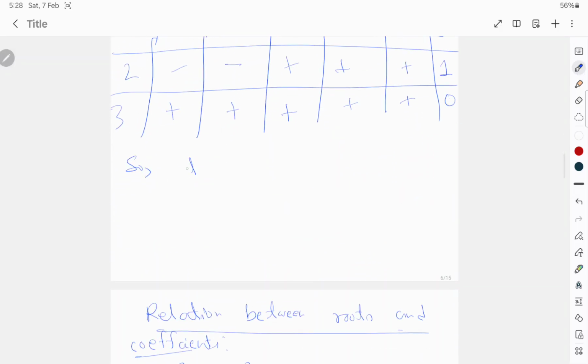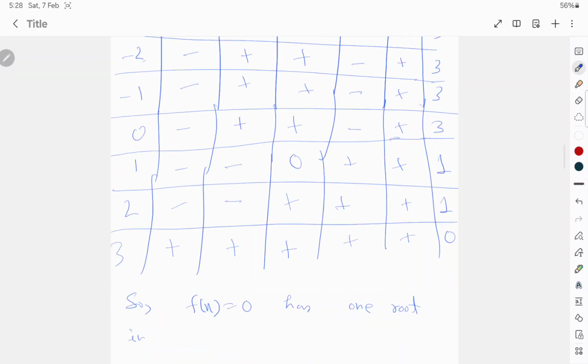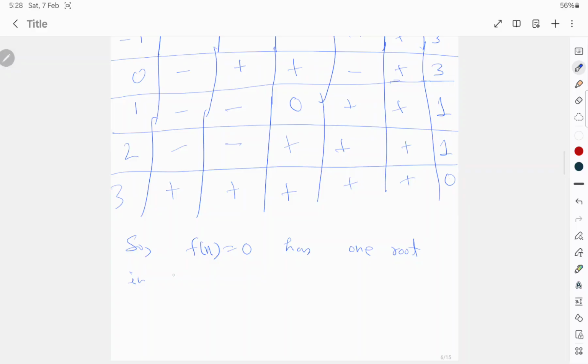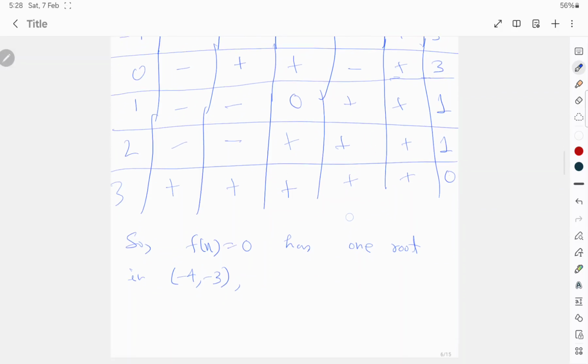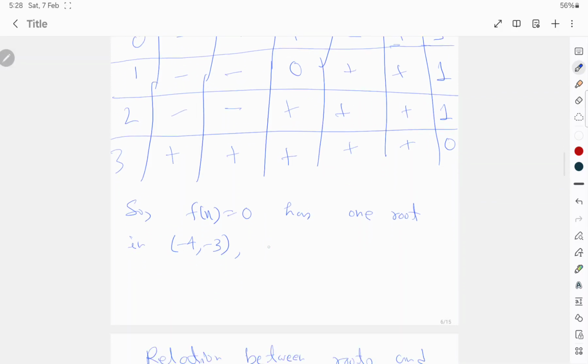So the roots of f(x) = 0: it has one root in -4 to -3, and then I am writing 2, 3, because in this interval you have one root, and 2 roots in 0 to 1.